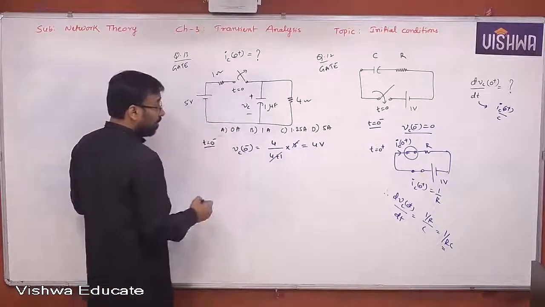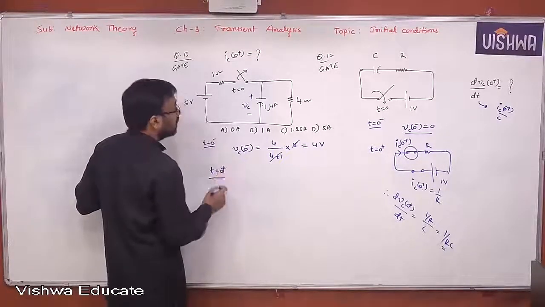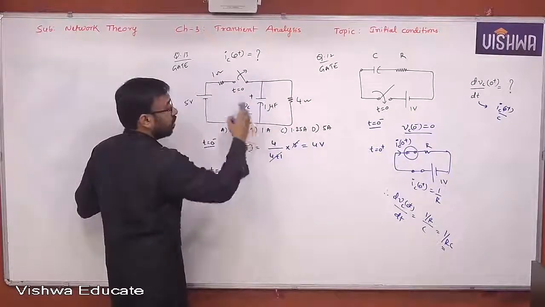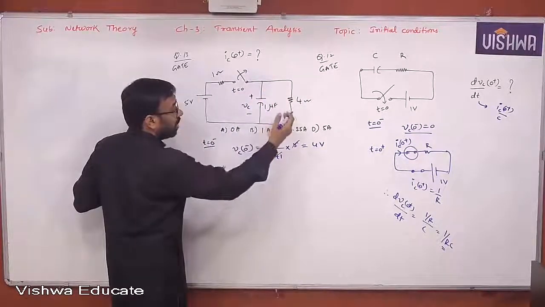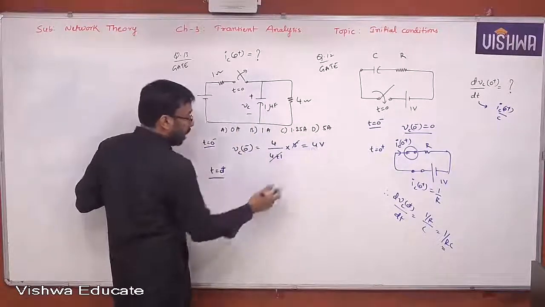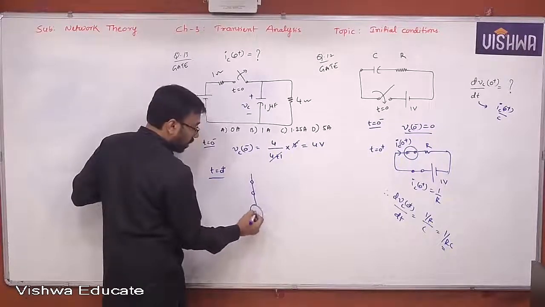You can use the same information for t equal to 0 plus. For t equal to 0 plus, the equivalent circuit is: the switch is open and this is completely isolated. You are left with only one capacitor and a resistor. But the capacitor at t equal to 0 plus is replaced by a voltage source. Yes or no? With a series capacitor model.